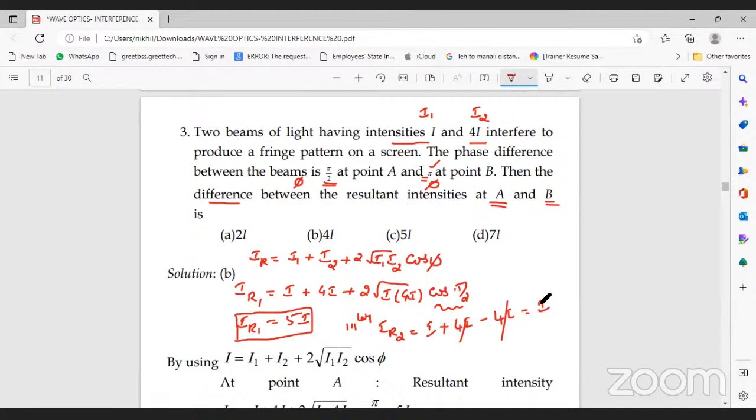Take the difference, so it is 4I, sir. So the second option is going to be correct.